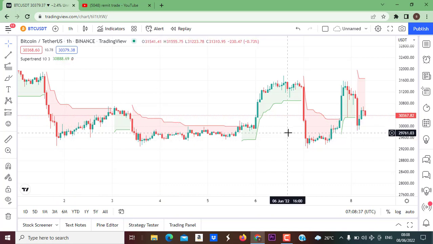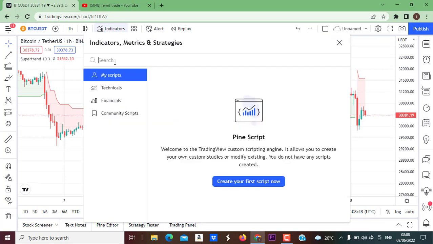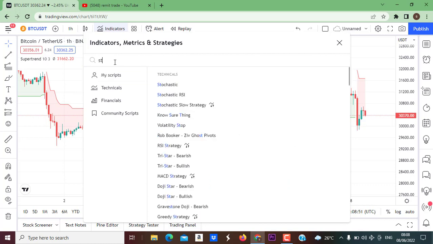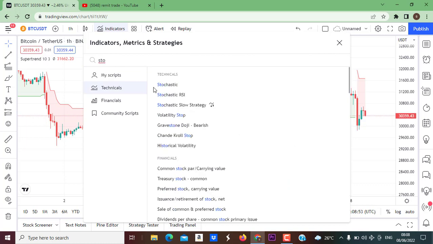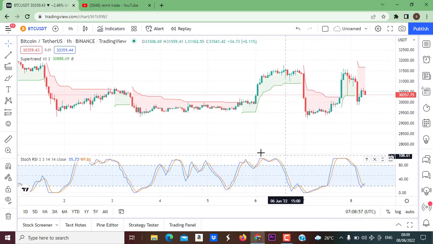Another indicator that we're going to use for our entry and confirmation is the Stochastic RSI. If I go to the indicator section and search for the Stochastic RSI, you see it here, I click on it, and the Stochastic RSI is on my chart.